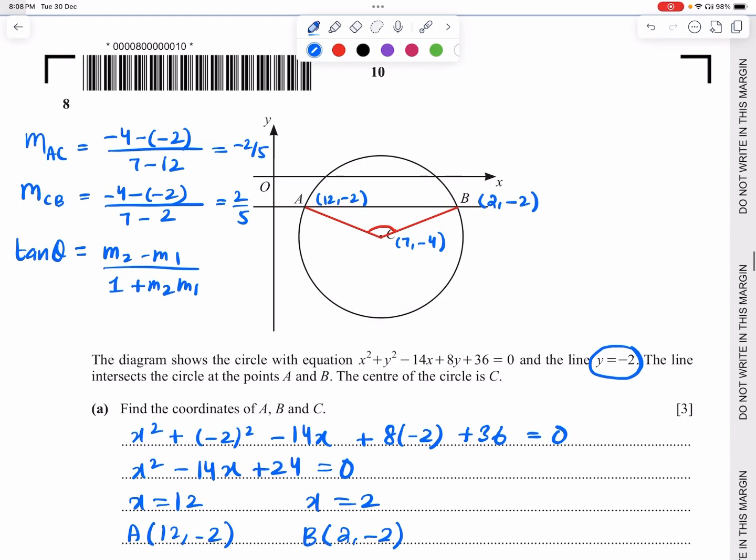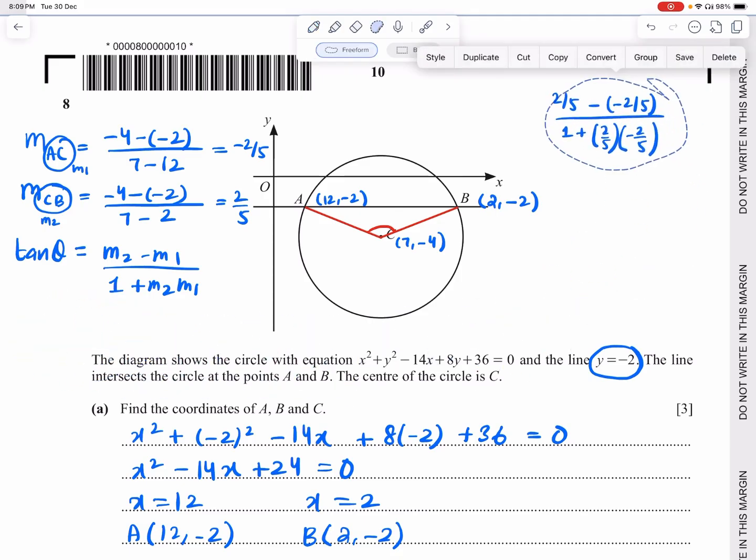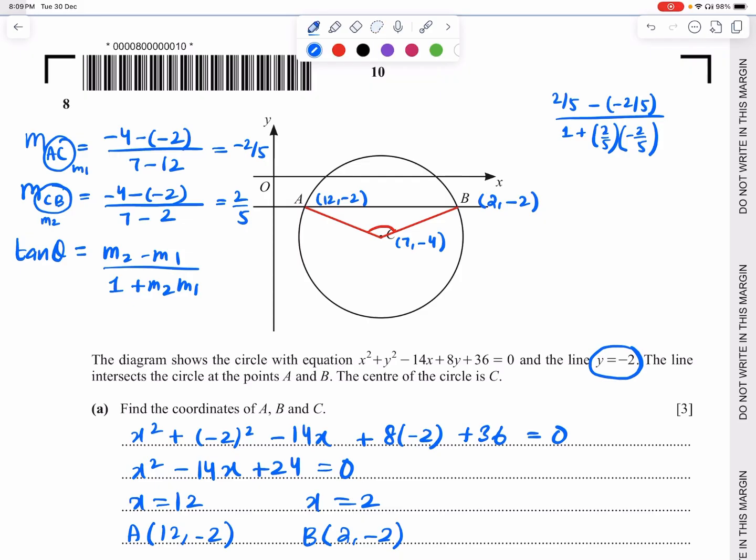So if I take m2 as CB, let's say this is m2 and this is m1, that's going to become 2 by 5 minus negative 2 by 5 divided by 1 plus 2 by 5 into negative 2 by 5. Sorry if this is getting messy. I'm going to move it to the other side. And that's going to leave us with 20 over 21. Now, tan theta is equal to 20 by 21.